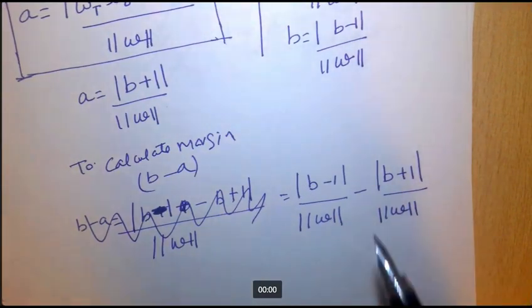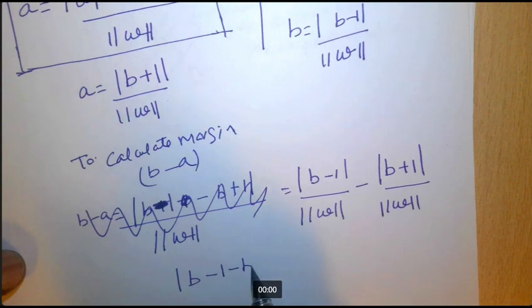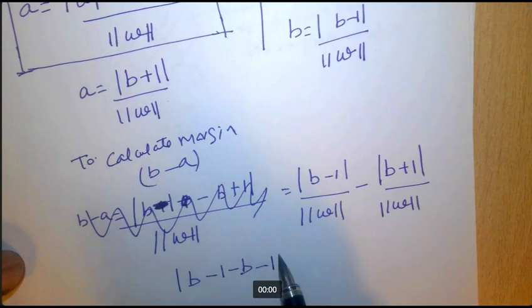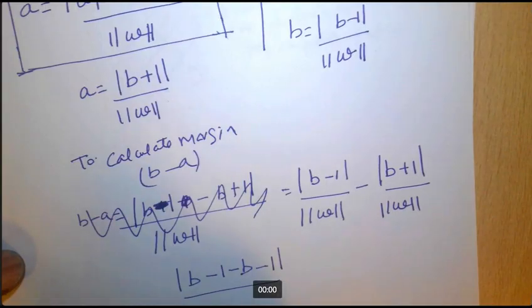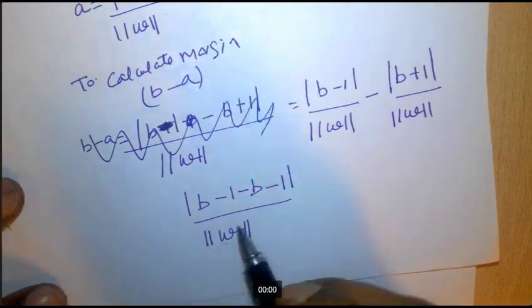If you subtract it, that will be (b - 1 - b - 1) divided by the norm of vector w.